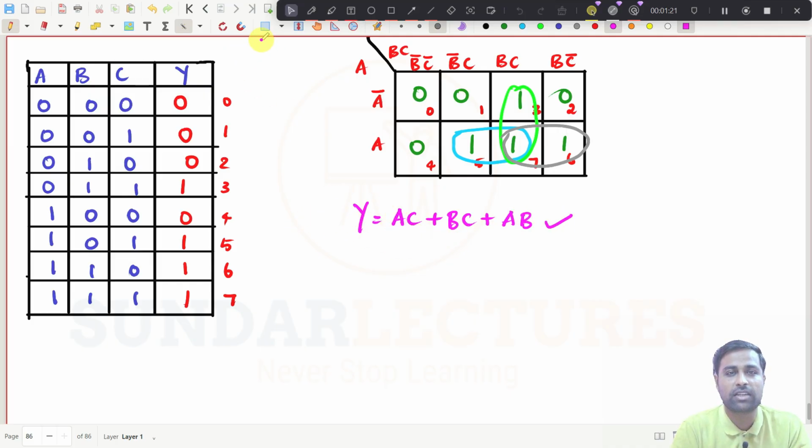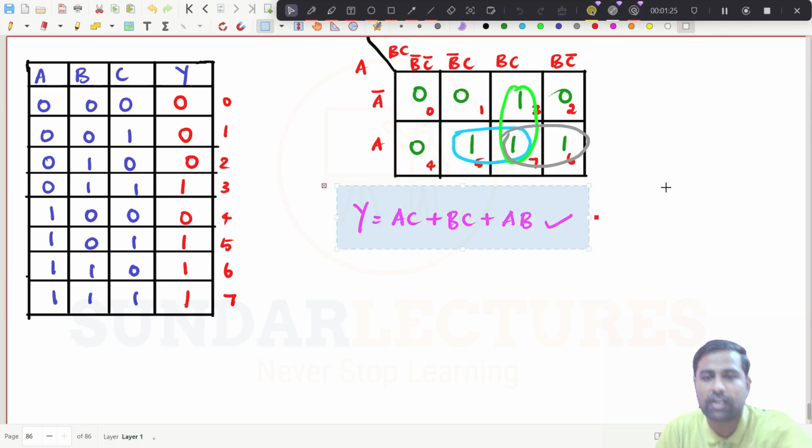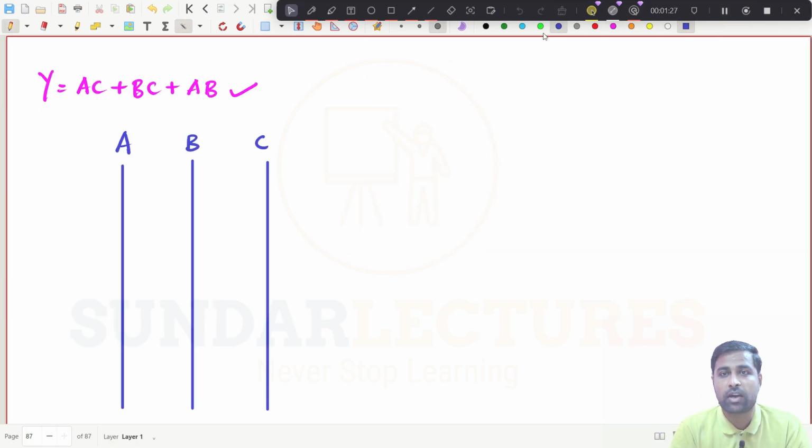So you just take this one. Maybe I will take it to the next page so that we can draw the diagram. See here, there are three terms. This is an SOP function, so you will have OR gates straight away. I can draw the OR gate right now. For this OR gate, how many inputs are there?